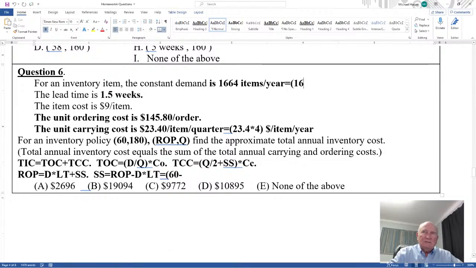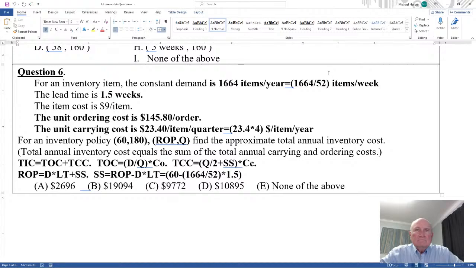That'll be 1664 per year divided by 52, my items per week. So it's minus 1664 over 52 times my lead time, which is 1.5.